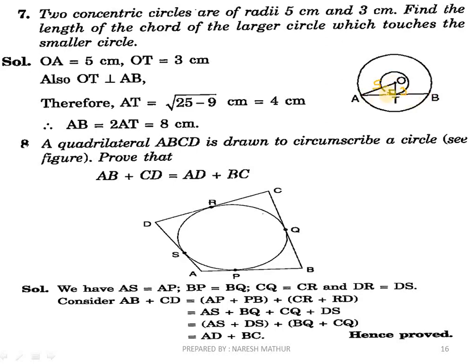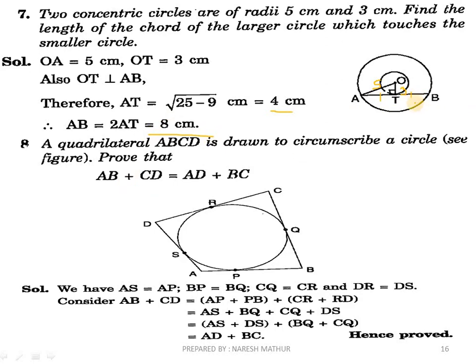Now the perpendicular from the center to a chord always bisects it. It is a theorem of 9th class. So we can say AT equals TB. Now OAT is a right triangle, so we can find AT as 4 cm. It's a Pythagoras triplet. So AB will be twice of AT. It means the chord of the larger circle will be of 8 cm.